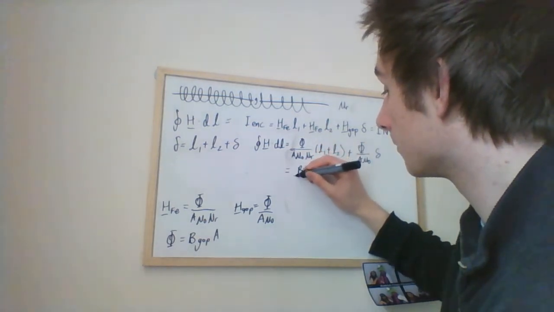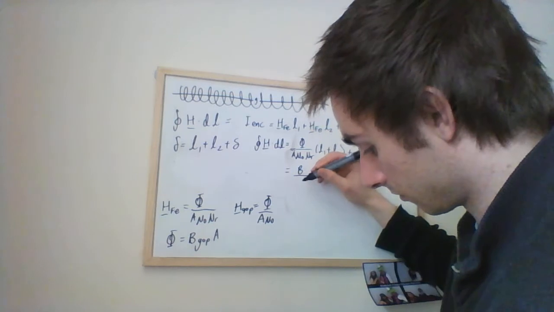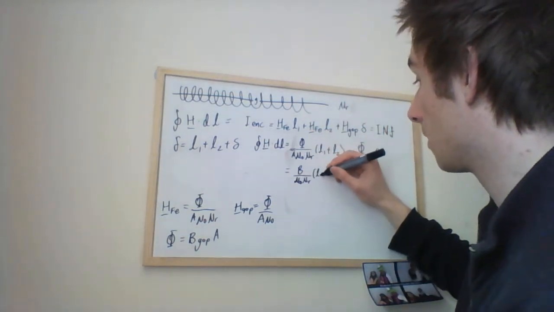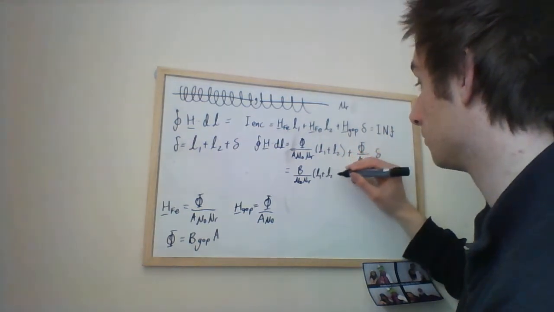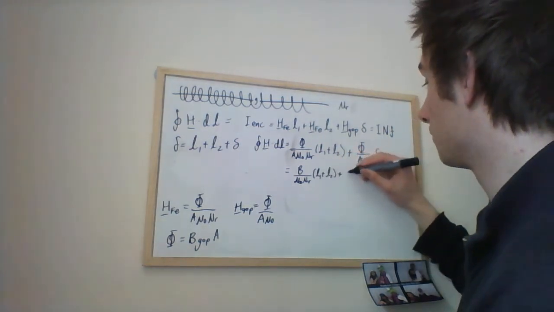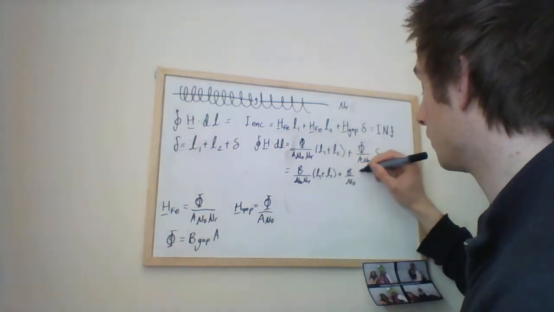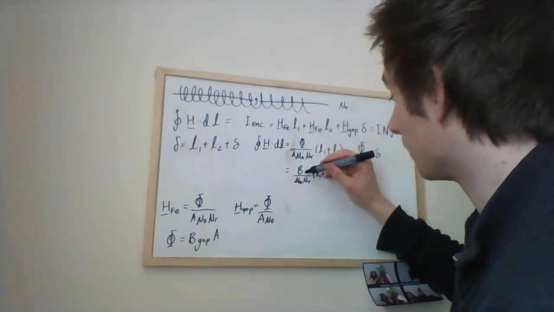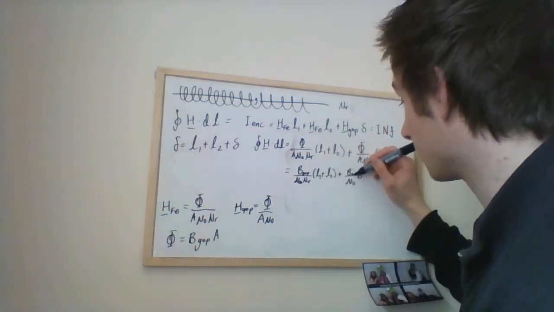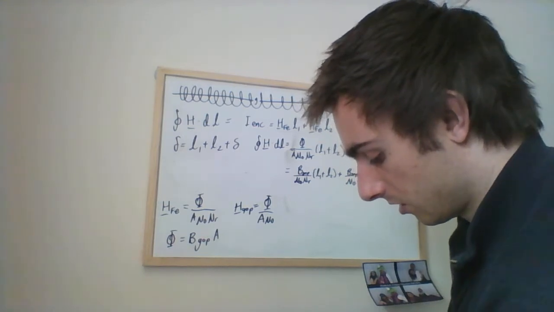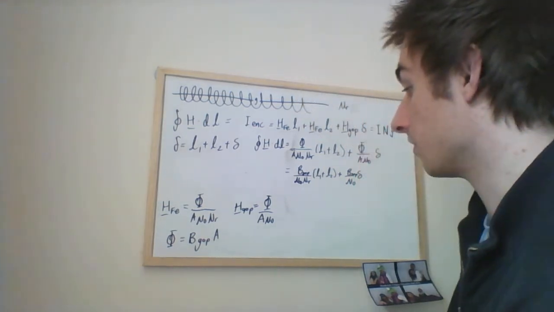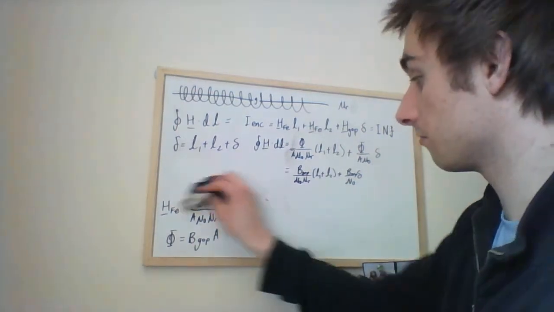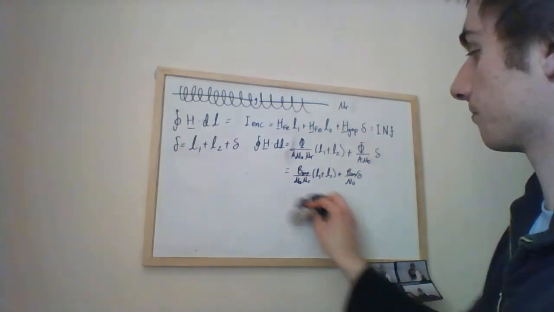B over mu naught mu r, these A's cancel out, L1 plus L2 plus B mu naught times delta. And these are the B fields in the gap, which is what we're trying to find, which is great. So now it's just a wee bit of swapping things around.